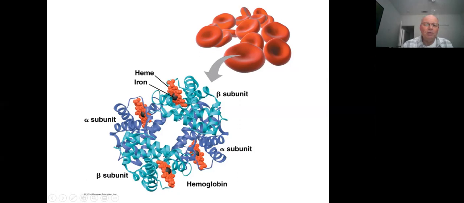But these are then organized into the hemoglobin protein by assembling two alpha units and two beta units in this particular structure. So the alpha units and the beta units in their own right have no function. They can't transport oxygen, so they are only polypeptides. Alpha globins and beta globins are polypeptides. But once they assemble in this fashion, they become the polypeptide components of the hemoglobin protein, which has the function of carrying oxygen.